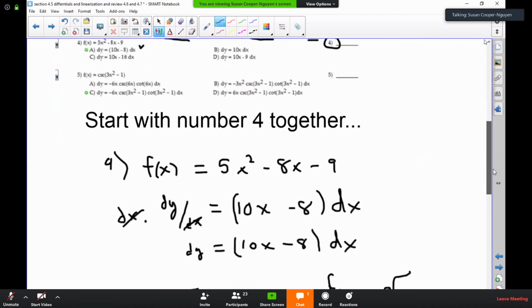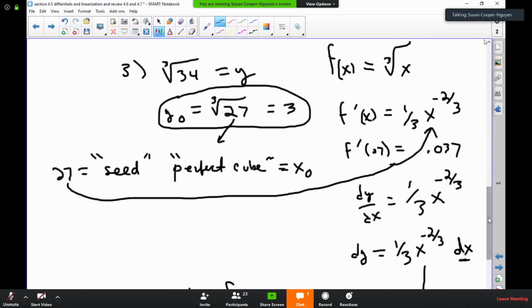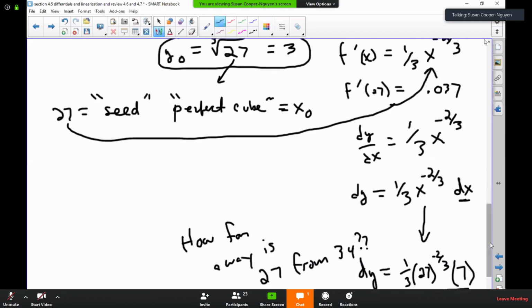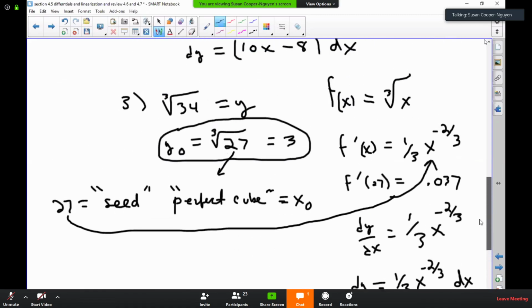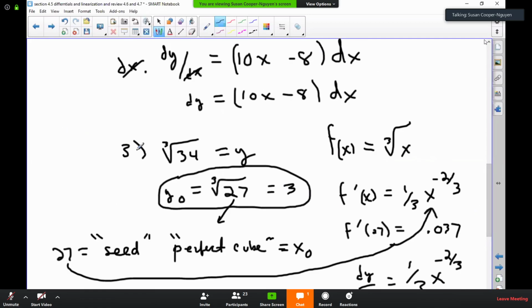Okay, so let me say that in words. So we use differentials. Dy is a differential. We use delta y differential to give us this value. And then what did we do to this value? Well, we added it to, remember from the beginning, I said that y naught, I'm going to pick a number close to this.